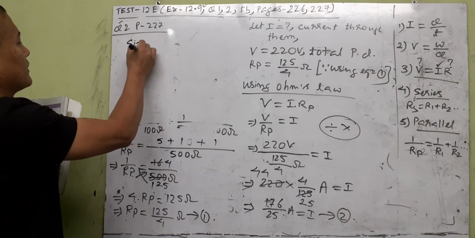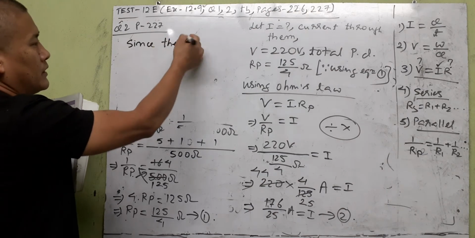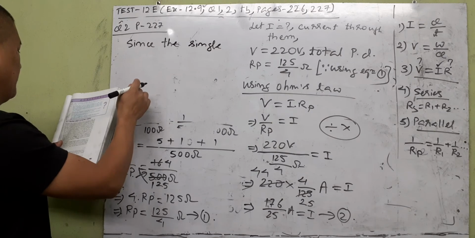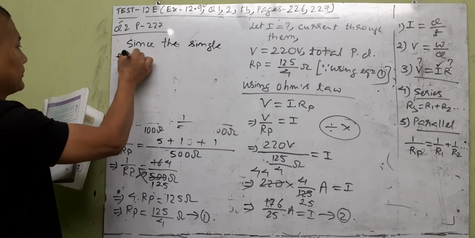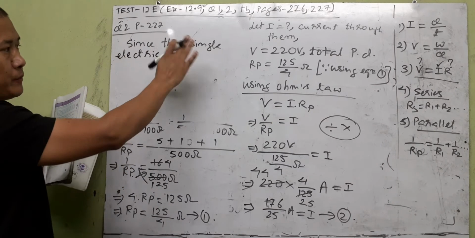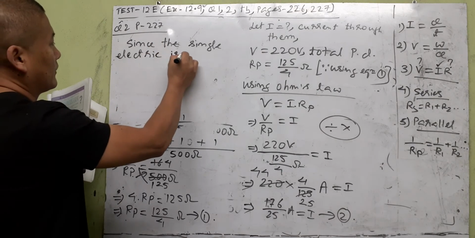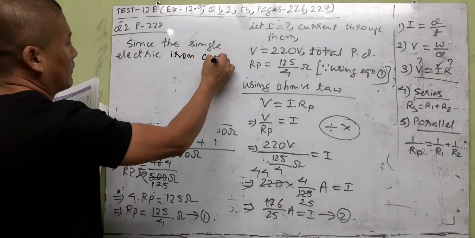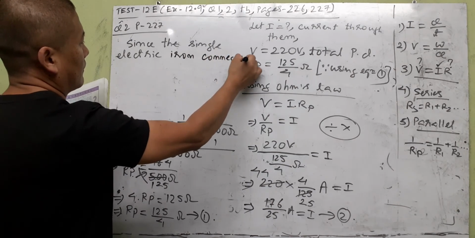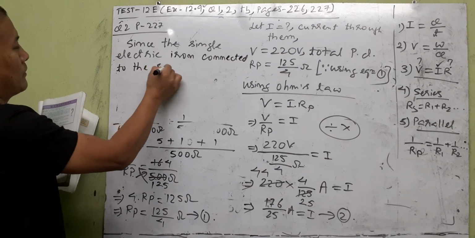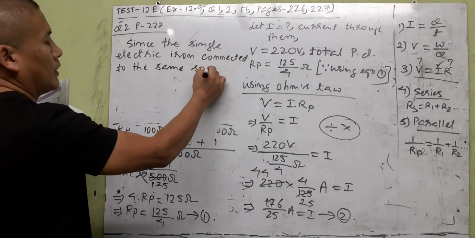Since the question is saying this is another single electric iron, instead of those three they put a single electric iron, but the condition is the electric iron is connected to the same source, meaning the same potential difference.